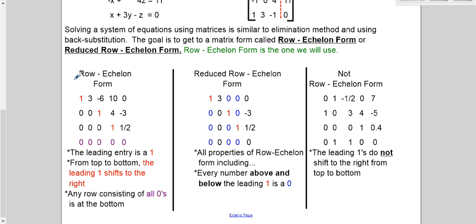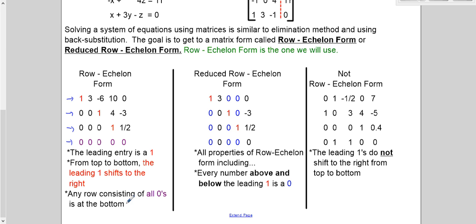All right, so row echelon form is when the leading entry of each row is a 1. So if we look at each row here, the first number that we have that's not a 0 is a 1. So you have 1, 1, 1, and actually all zeros, which is fine.